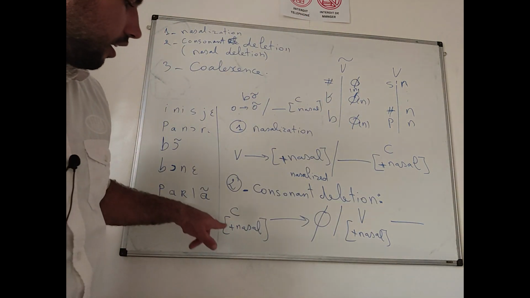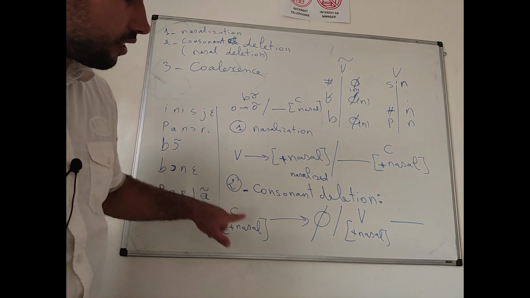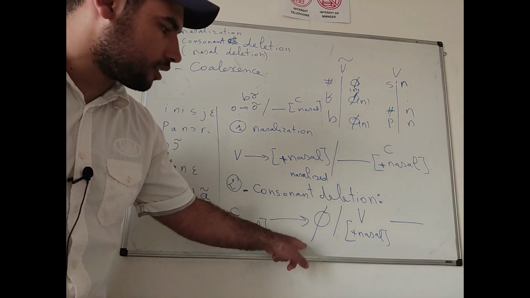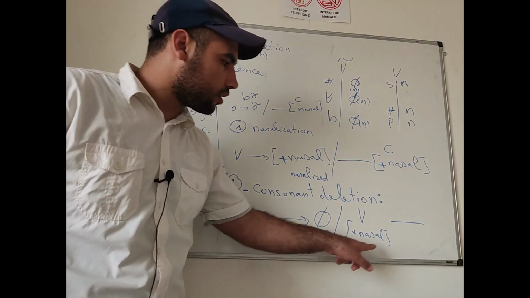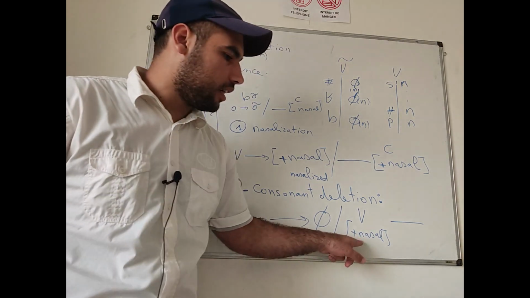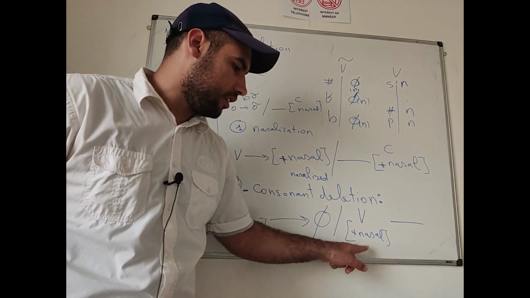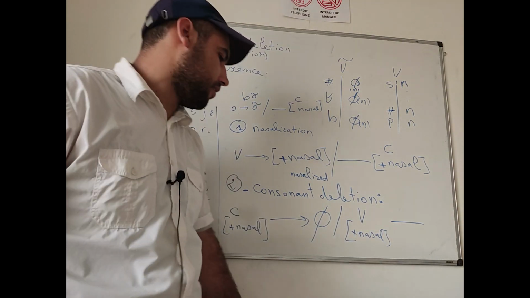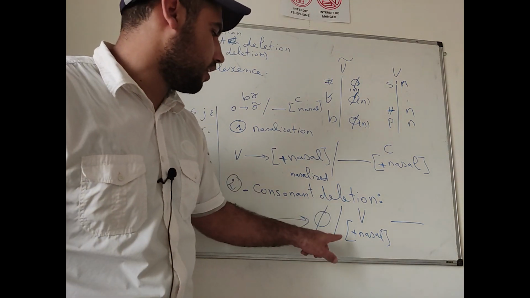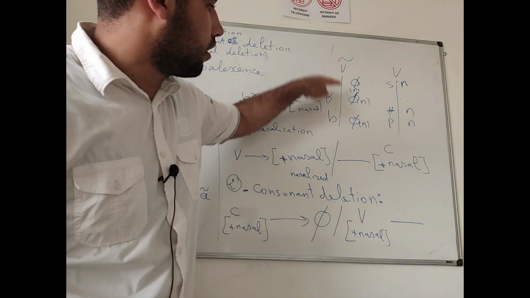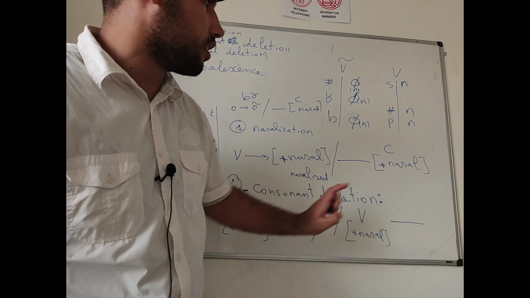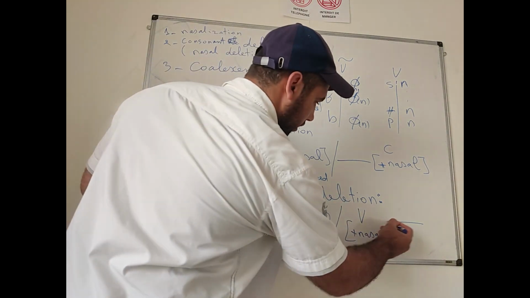This is how. A nasal consonant gets deleted when it occurs before a vowel that is plus nasal. I hope it's clear, okay? I will check whether it is. Okay, it's clear.